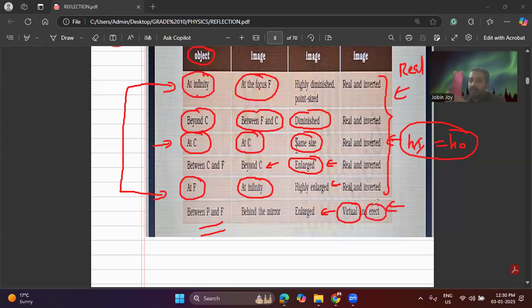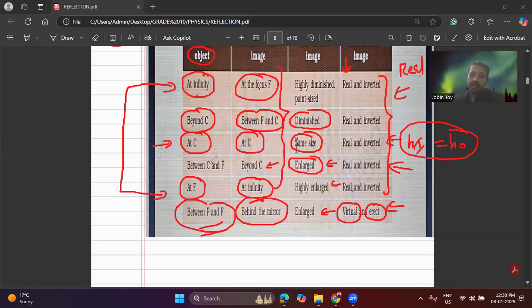Okay, and erect. All other cases, the characteristics of the image are real and inverted. The exceptional case is the last case, if the object is between P and F. And where is the position of the image? Behind the mirror. Last case. All the other cases, the image will be in front of the mirror.